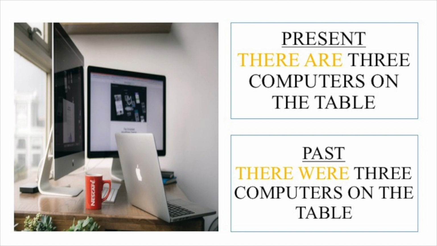There are three computers on the table. But how about if the computers go away? There were. Excellent. Three computers on the table. You see, plural objects, present, there are, past, there were.